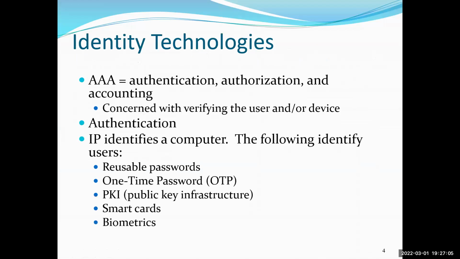Now, this involves identity technologies, all right? So the common name for these technologies is AAA, which basically means authentication, authorization, and accounting. So Radius services usually provide this concept, right? So you will have, for instance, a connection to the firewall via VPN. So you're going to be coming in on that protocol, on that port of the firewall. The firewall will then go through Radius services, right?